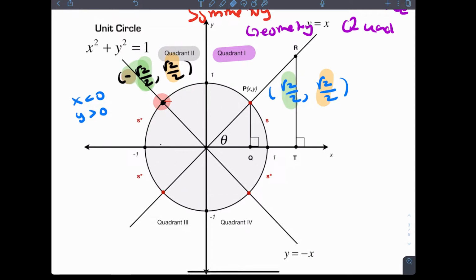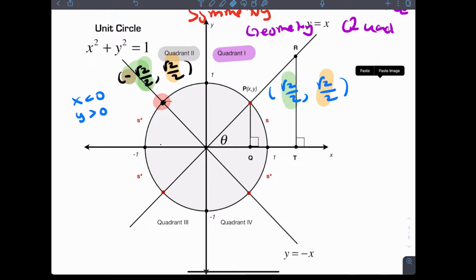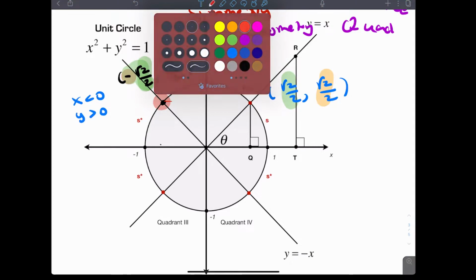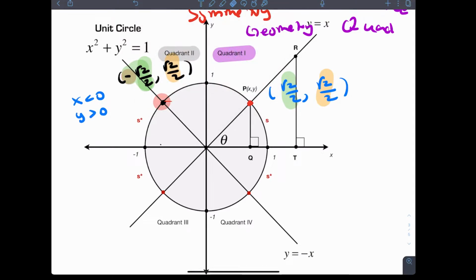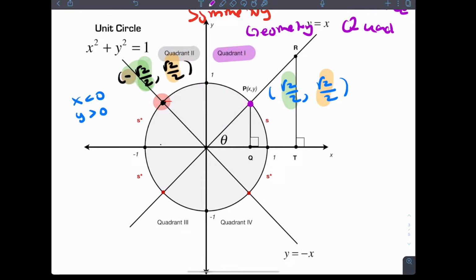The question will be, how do we find quadrant 2? Let's put a purple dot. How's that? Quadrant 1. You okay with that? Let's do purple. Let me show you our reference here.